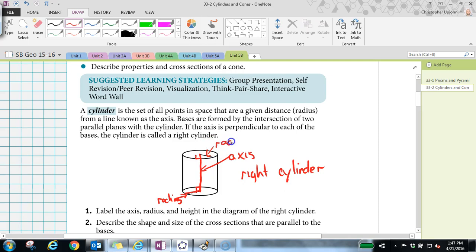Another radius here. And the height, the axis, or the side here, both the same. So pretty straightforward. Our perpendicular distance from base to base, where our bases are circles.